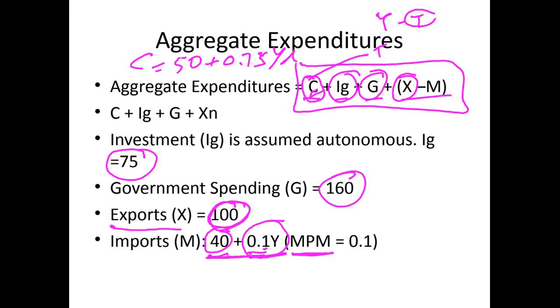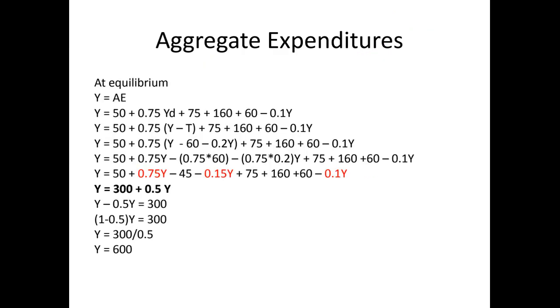This is the meaning of 0.1. So basically, we are importing 10% of our GDP. Okay. Now, once you know this, we set up everything and calculate equilibrium GDP or expenditure equilibrium.